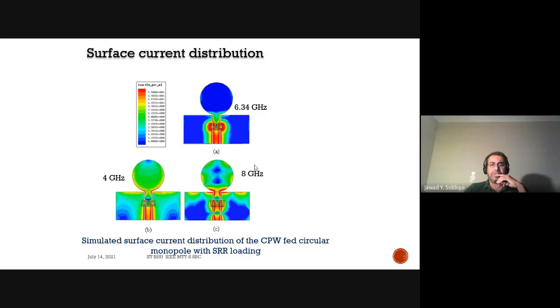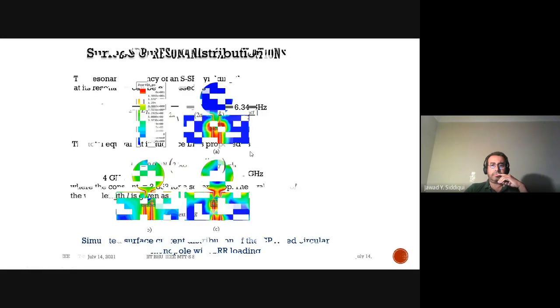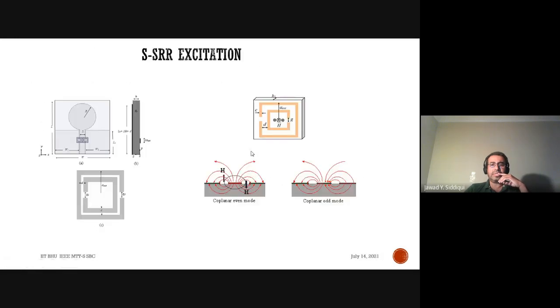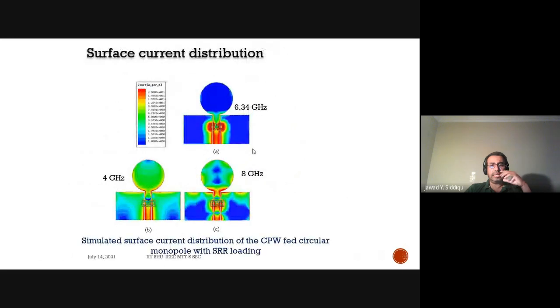So if you see the surface current distribution, this is one of the SRRs which yielded a notch at 6.34 gigahertz. You can see that most of the currents are concentrated in this area of the transmission line, whereas the excitation of the antenna is minimal. Whereas at 4 and 8 gigahertz, on either side of the notch frequency, you can see the antenna is very excited.